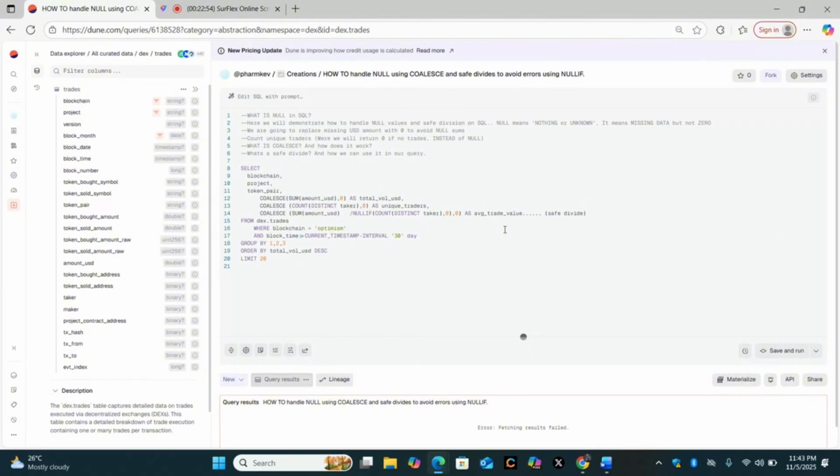Having a safe divide means that at the end of the day you'll be having 0 as an answer. Remember I said at the beginning of this video, 0 is a figure, right? You'll be having 0 as an answer instead of an error.